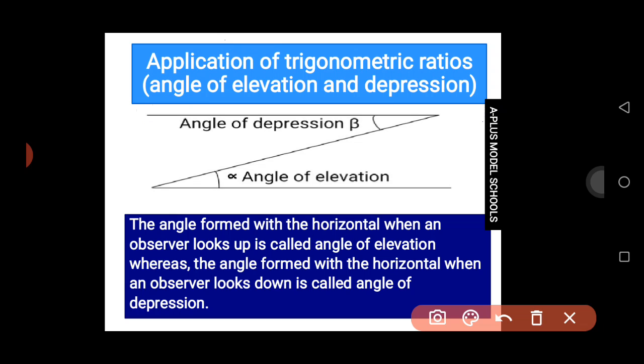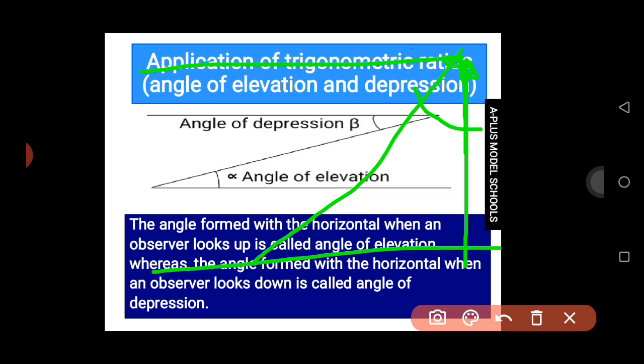elevation. The angle of depression is when you are at the top of a particular building, assuming this is a building now, and this is the ground level where the house is built on. Now, if you are standing at the top here and you are looking at a dog down here, this angle is called the angle of depression, where this is your horizontal level.